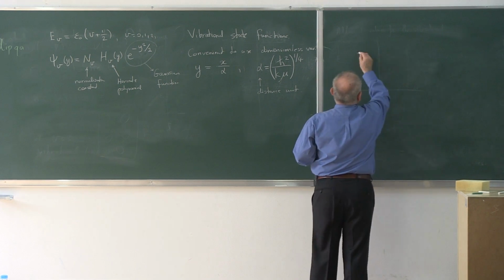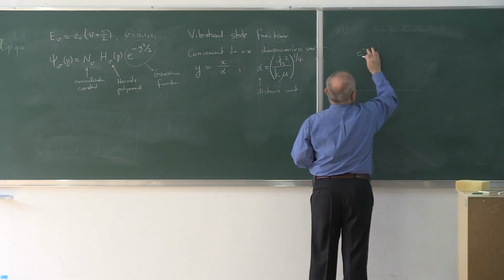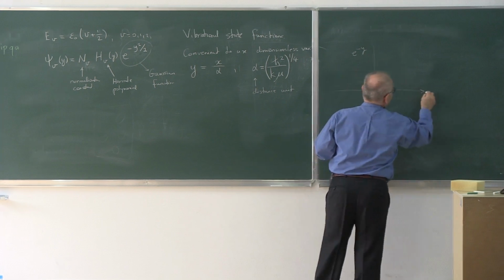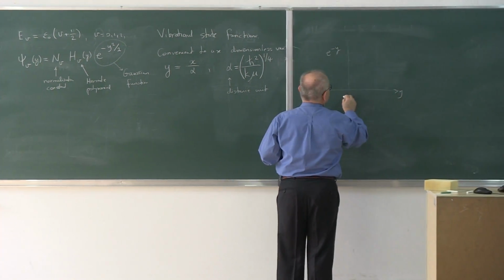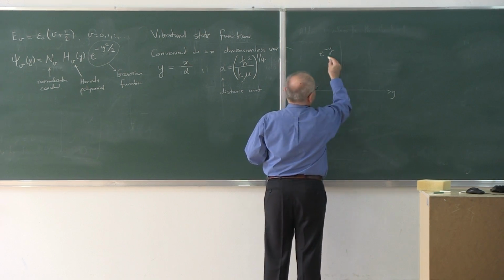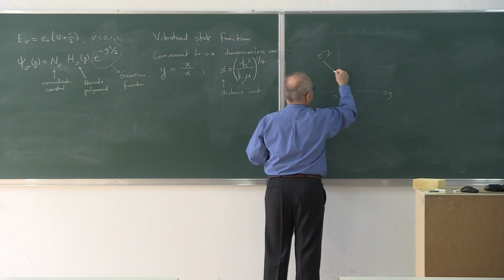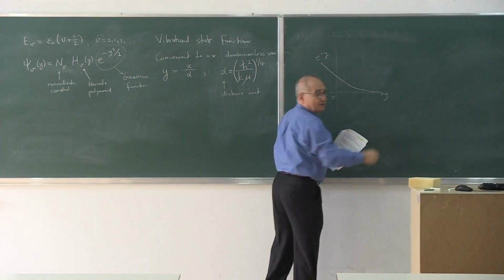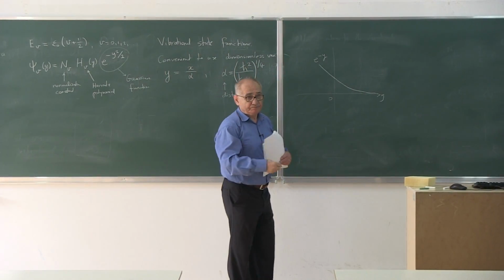Look, e to the minus y, let us say. So this is the y-axis. Such a function has a graph like this. This is the exponential function.